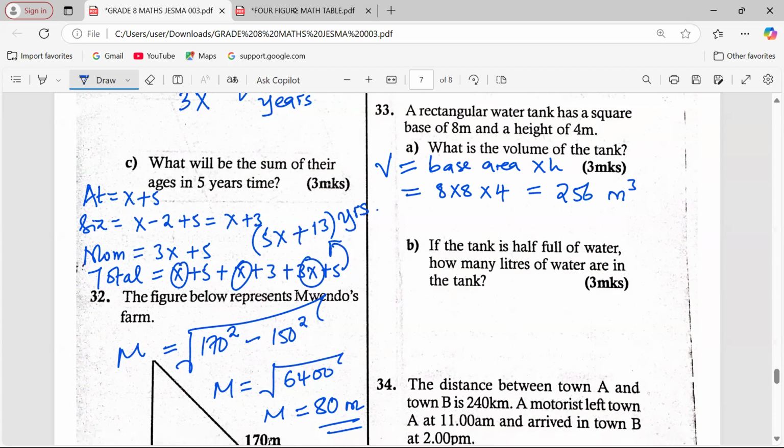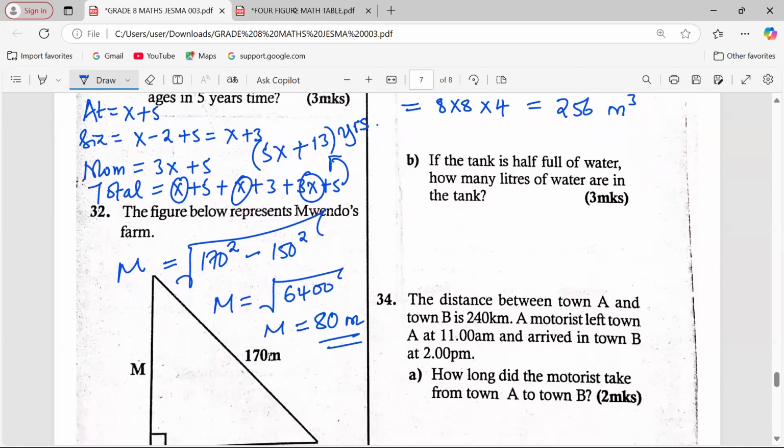Looking at part B, if the tank is half full of water, how many liters of water are in the tank? So half of the total volume is going to be 128 cubic meters. Now, what we should ask ourselves is, what is the relationship between liters and cubic meters? 1 cubic meter is equivalent to 1,000 liters.